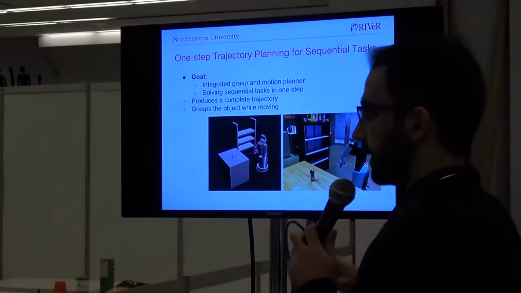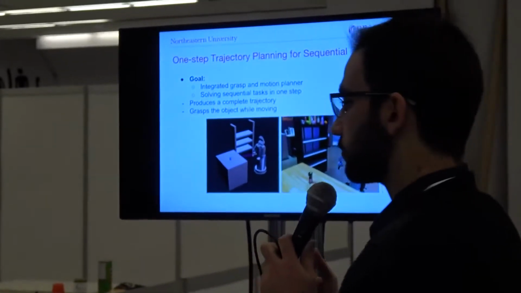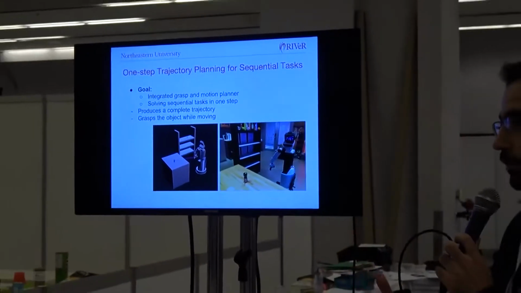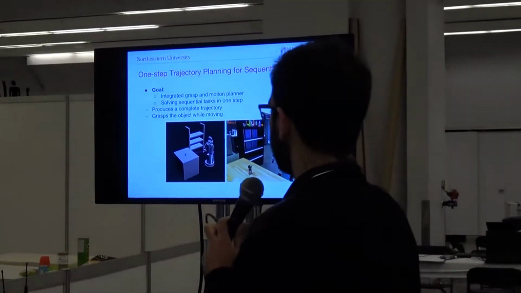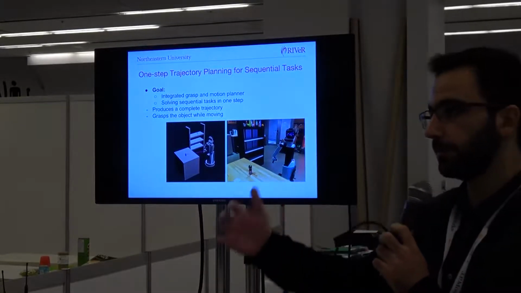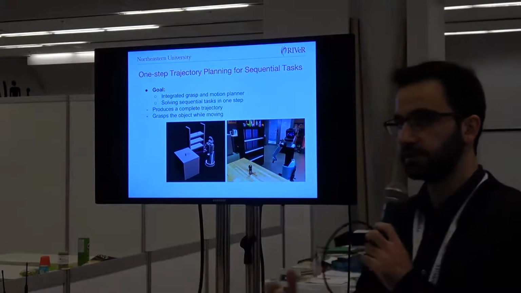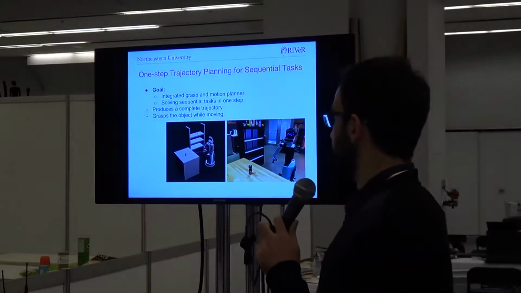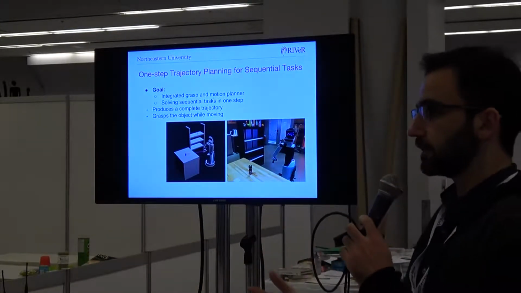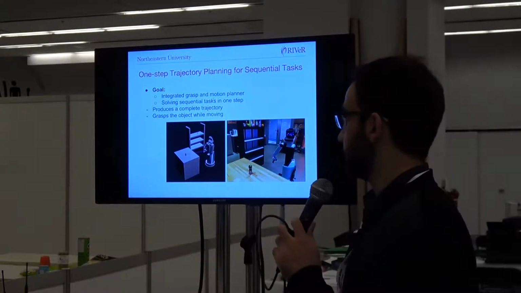First, we are trying to develop an integrated grasp and motion planning, where the robot solves the grasp planning and the motion planning problem at the same time. We also want this system to solve sequential manipulation tasks, where the end effector of the robot needs to go to different places in 3D space sequentially, and we want to produce a complete trajectory without the robot stopping while doing these manipulation tasks.